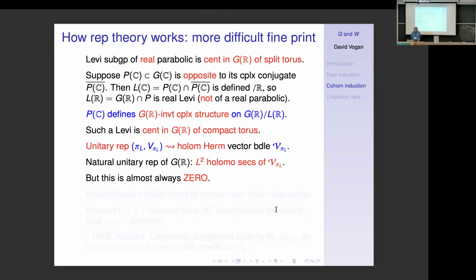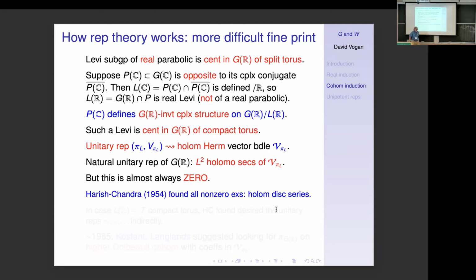But that space of L2 holomorphic sections is almost always 0. Harish-Chandra in 1954 found essentially all the examples where the space of L2 holomorphic sections is non-zero. And that's how he constructed the holomorphic discrete series of G. So it's interesting and important, but it's not nearly exhaustive.